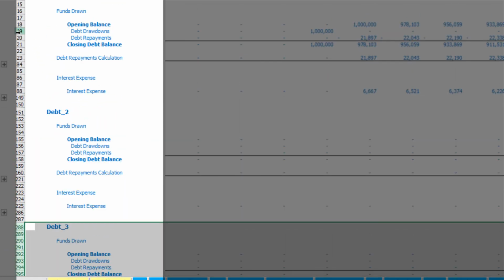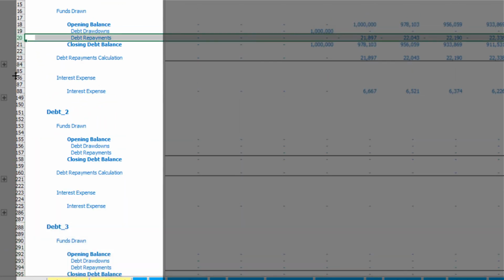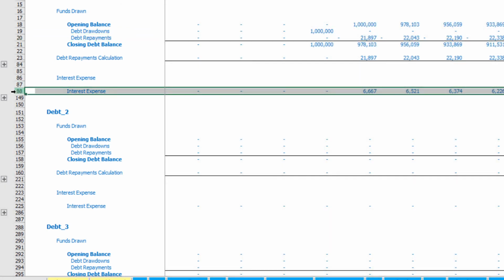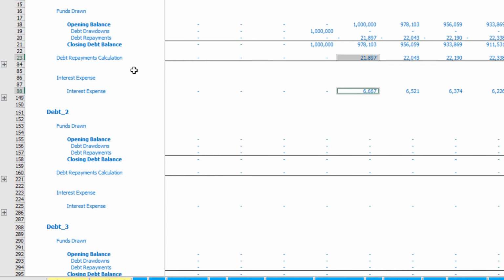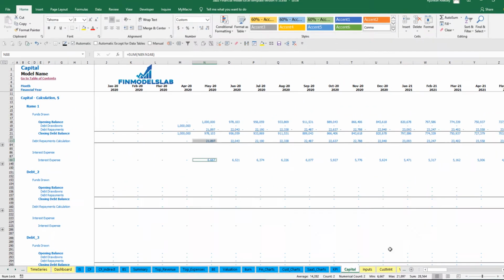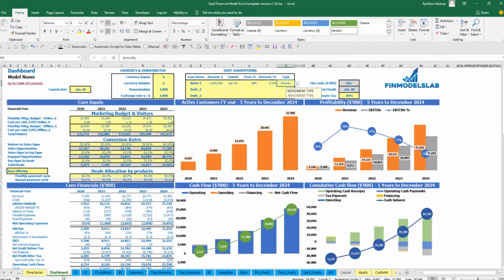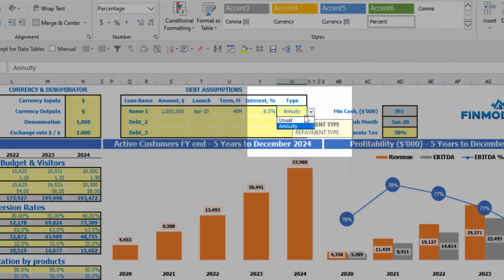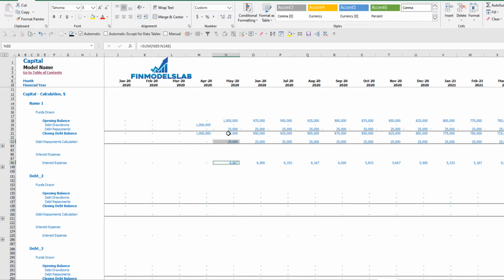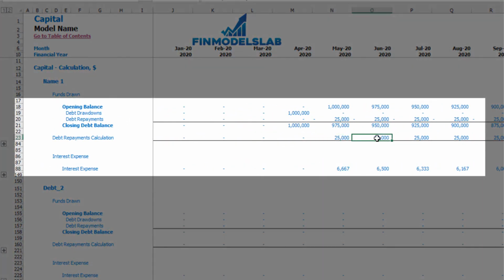And you may see the debt drawdowns, debt repayments and interest rate. In case if you will select annuity, all your monthly payments in total, debt repayment plus interest, will be the same across all the months. If you will select just usual debt, you will have equal debt repayments, but interest rate will be calculated based on closing debt balance.